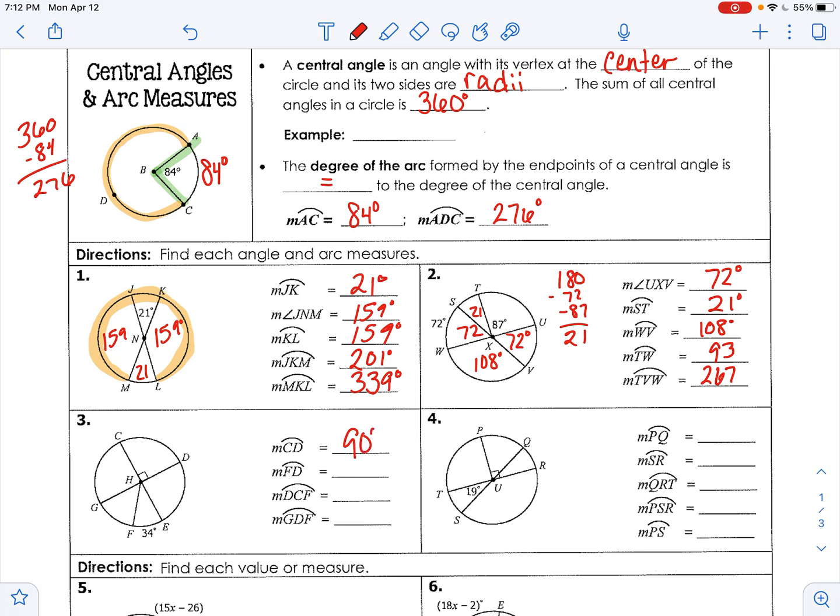All right, arc CD is 90. This would also be 90. This would be 90. This is 34, which means this is 56. So FD would be 124 degrees. DCF would be, what is that, 180 plus 56, would be 236.